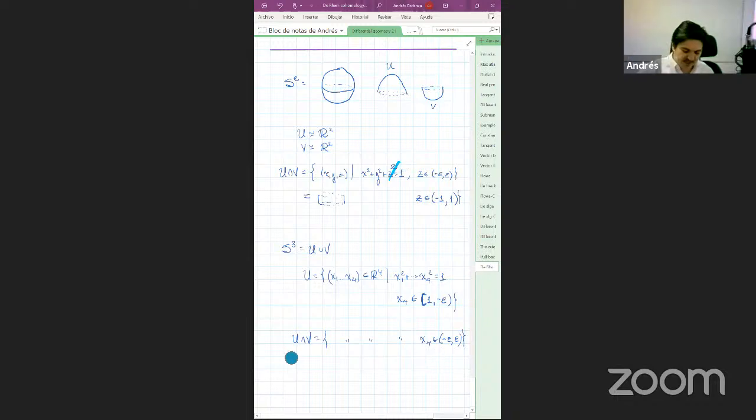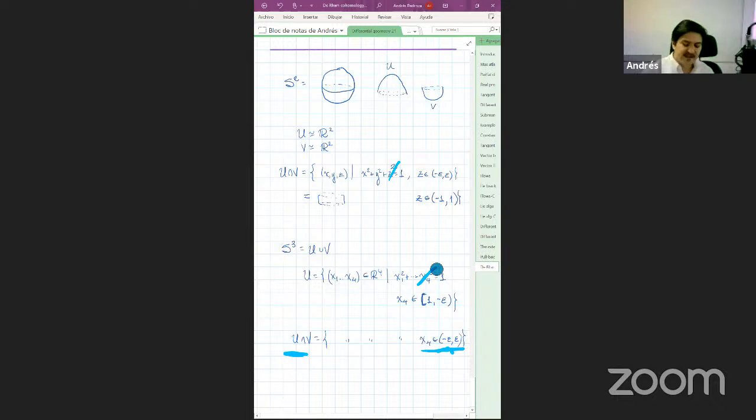If you do the same here on this intersection, if you shrink this interval until it is 0, you get only the 2-sphere.